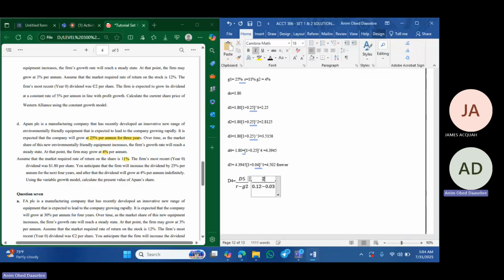So we have 4.502. Discount rate is 11%, and then the growth rate is 4%.